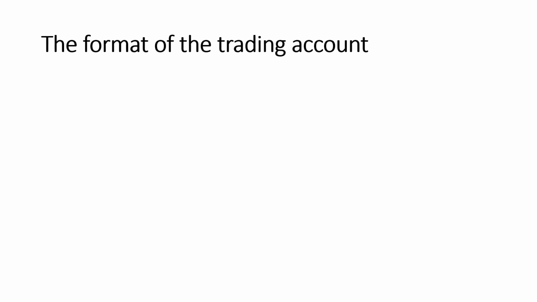The format of the trading account. Now, it is good to know how to do the trading account. So the first thing we begin with is the name of the business. It comes first. Then which account are we preparing? We name it trading account.